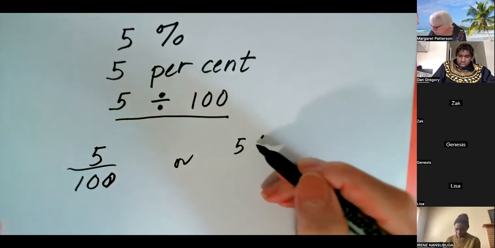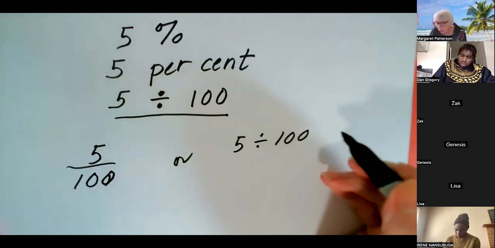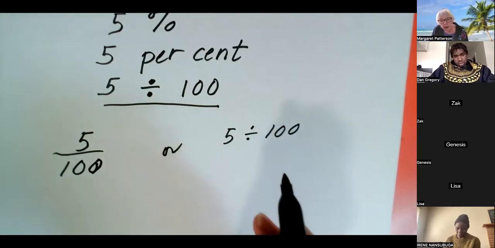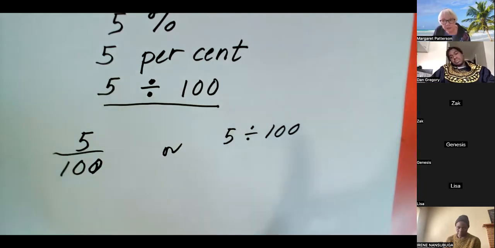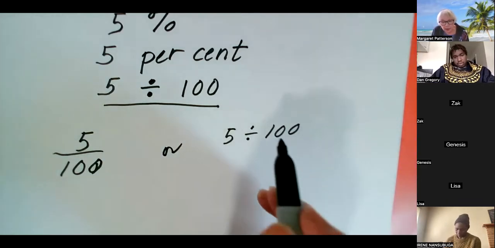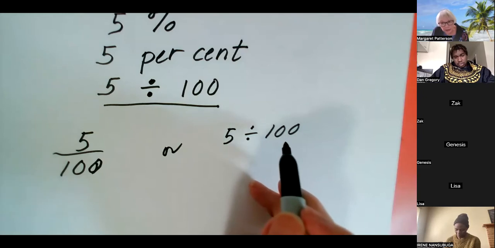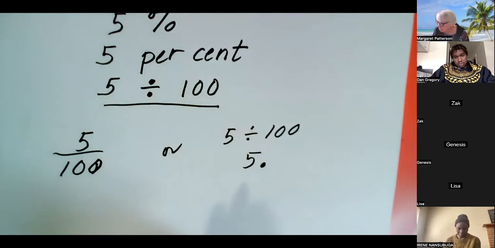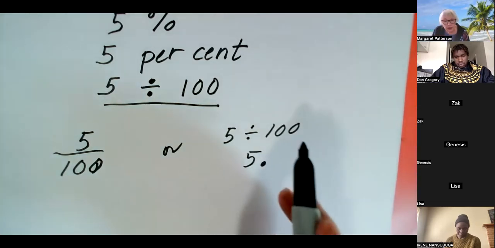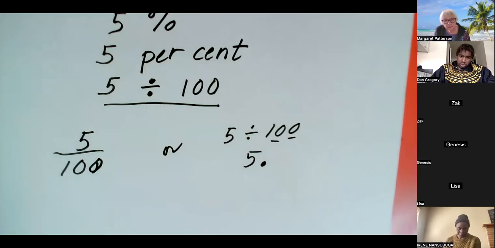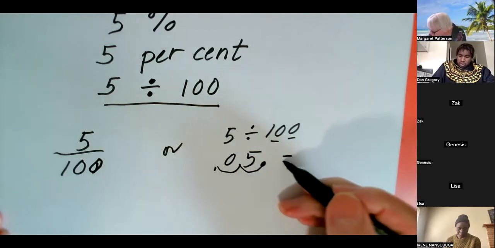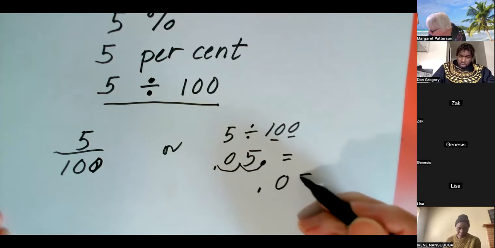I don't know if you remember when we were multiplying by 10 and 100 and so on. It's a decimal shift. When you divide by 100, it's a 2 decimal shift and it goes in the opposite direction. So the answer is 0.05.